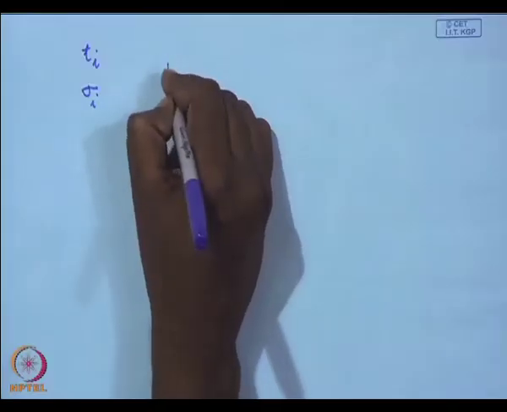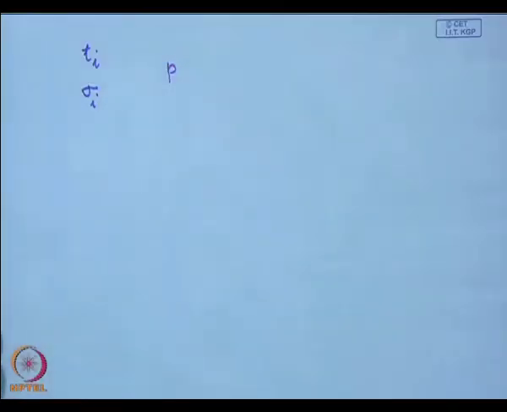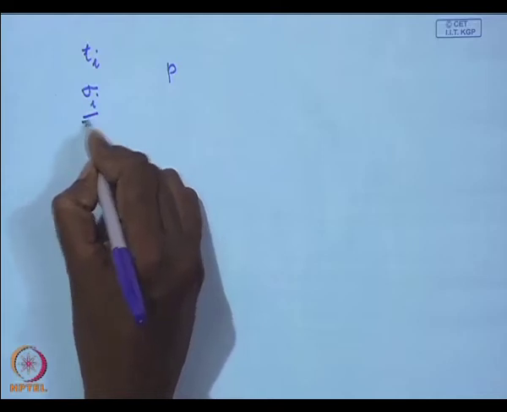From every Ti, I find out say p number of nearest receptors, and the distance of those p number of nearest receptors. So, I get p number of distances, and root mean square of all these distances, I can take that as the variance or the standard deviation sigma i.